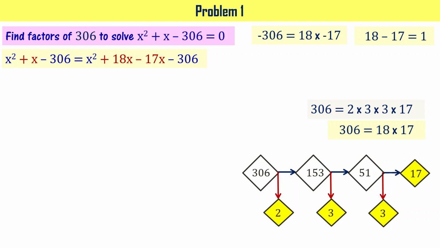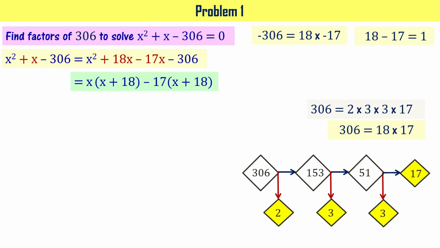So now we can expand the middle term, that is x, as 18x minus 17x, right? When you take x as the common factor out of the first two terms in the given equation and minus 17 as the common factor from the last two terms, then you write this equation as x times (x plus 18) minus 17 times (x plus 18).